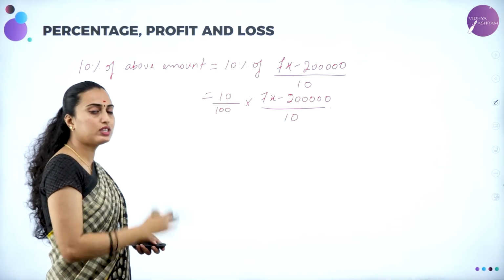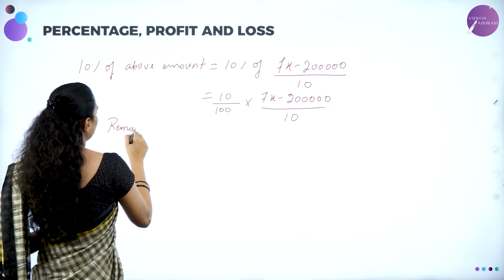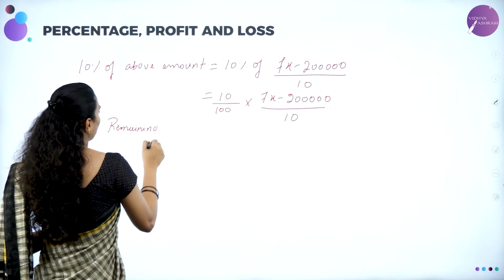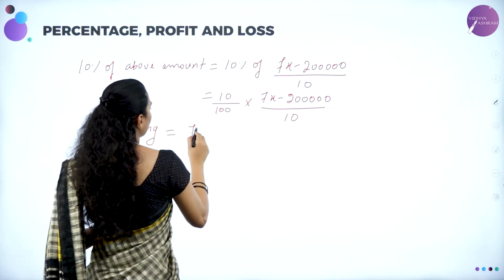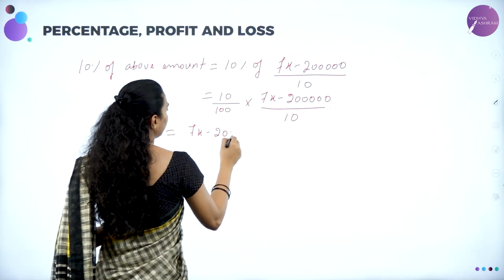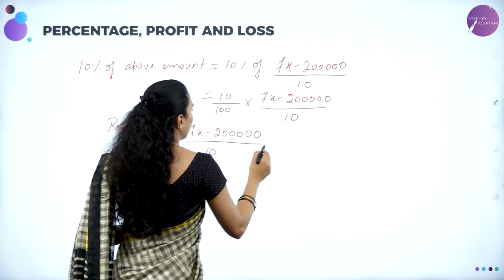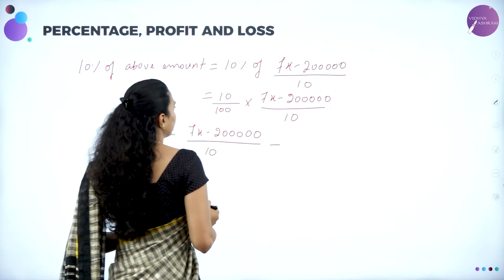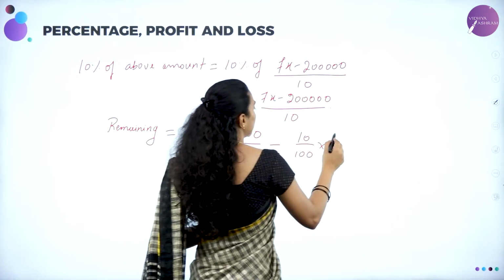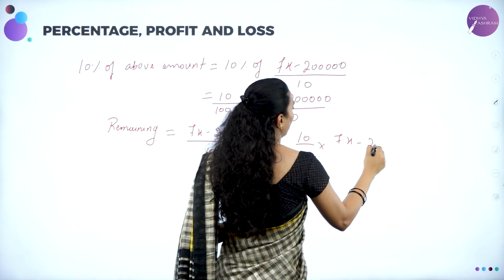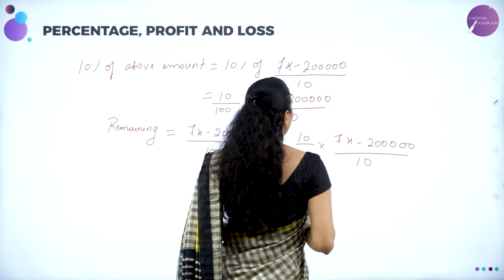And then what is the remaining? Remaining amount will be equal to this one. So (7x minus 2 lakh) divided by 10 minus 10 divided by 100 into (7x minus 2 lakh) divided by 10, right?